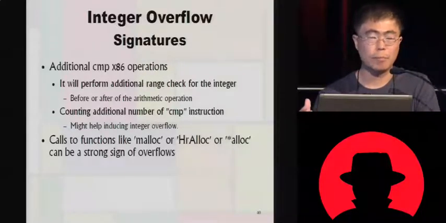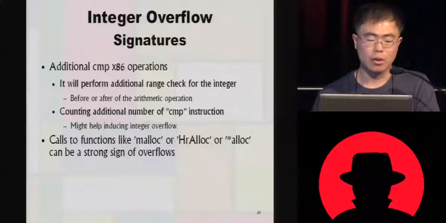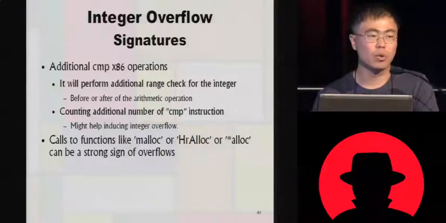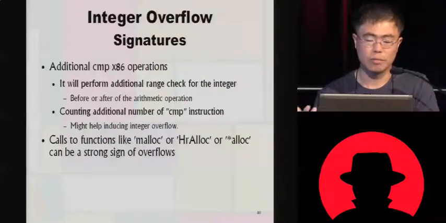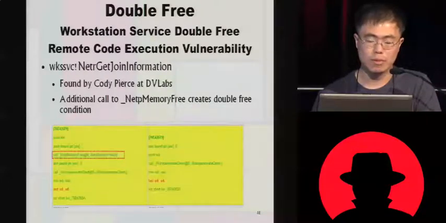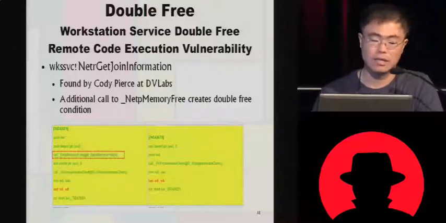Maybe the patch might have more CMP instructions, and the unpatched one is not doing more sanity checks. And also it will come with calls like malloc or HeapAlloc or any allocation patterns inside it. So maybe you can use this as a sign for integer overflow.